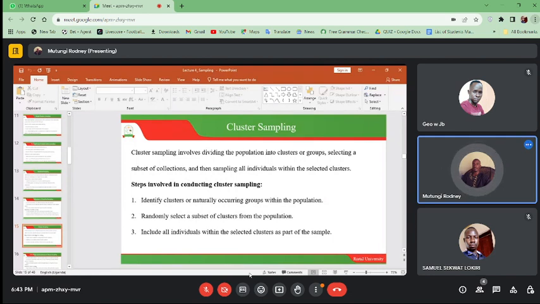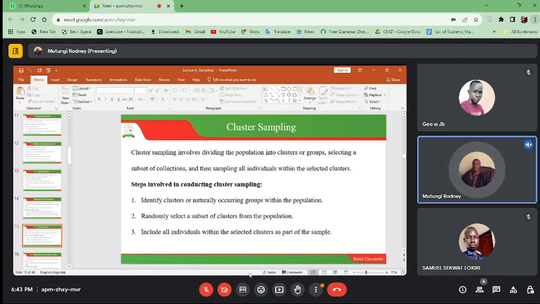So for us to come up with a good representative sample using cluster sampling, we are going to use these 5 streets to form what we are going to pick from as our sample.